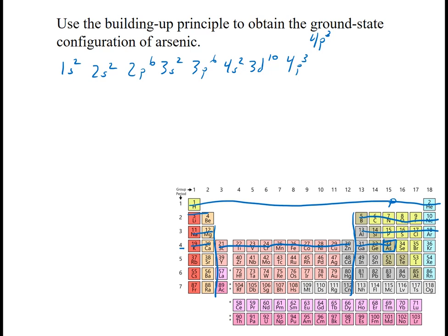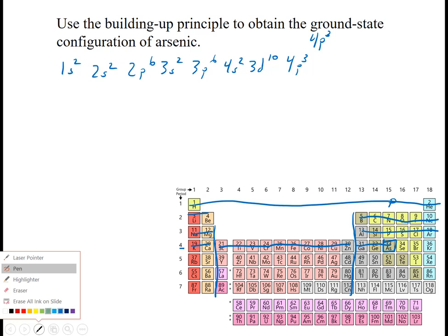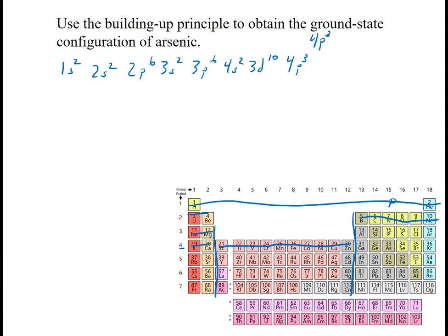Of course, if I want to use the noble gas configuration method, I'll do it in green. To do the noble gas method, again I'm looking at arsenic. I go up 1 and over, so it's argon in a bracket.